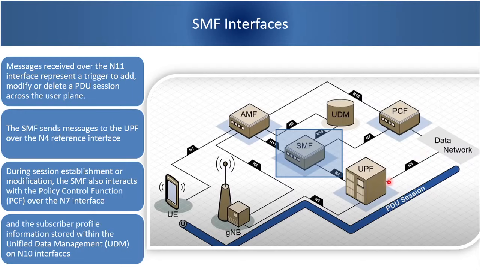Those were also doing the user plane function, but they were also doing certain control functions. So it was a mix of control and user plane function being served. In 5G they have been completely separated out.